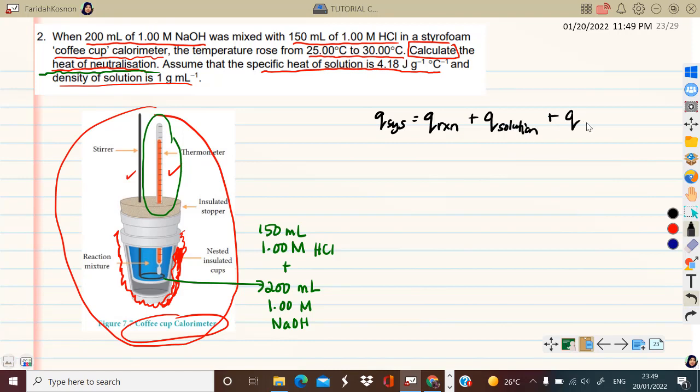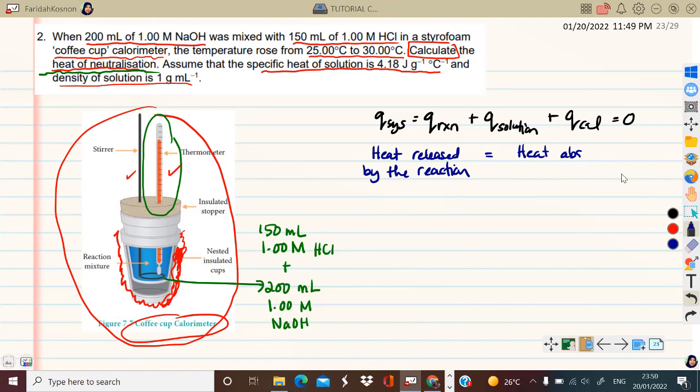And heat absorbed by the calorimeter equals 0. So kita anggap sistem ini isolated, there is no heat enters or leaves the system. Jadi ni sekarang kalau nak ikutkan, basically the heat released by the reaction equals the heat absorbed by siapa?